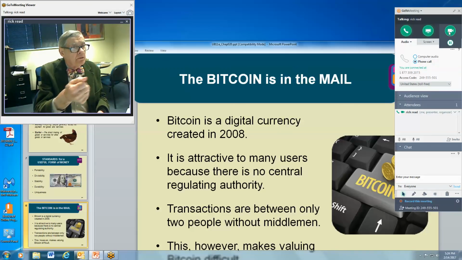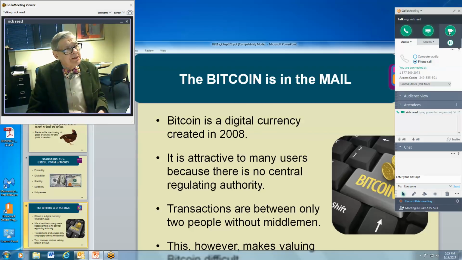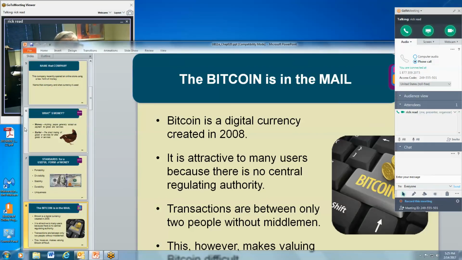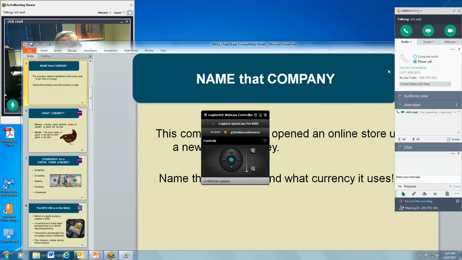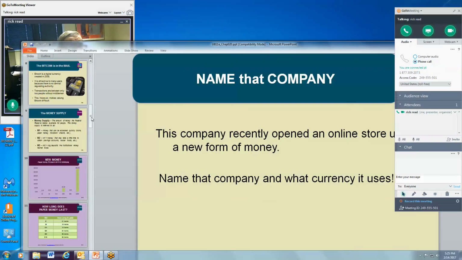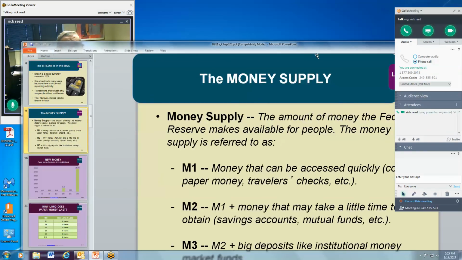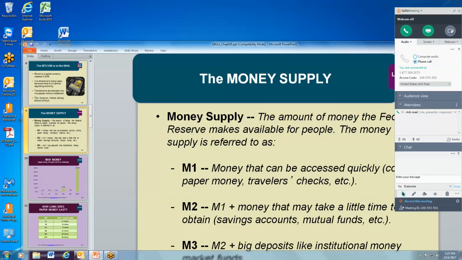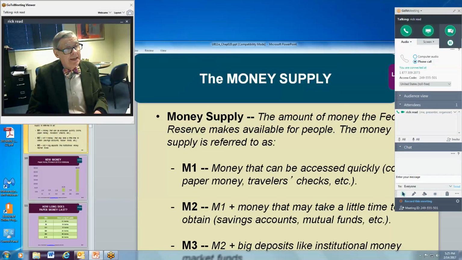So the difficulty, the last thing it says down here on the slide, is that it's very difficult to tell what the value of a Bitcoin is. But I can tell you, without too much fear of contradiction, that we're going to see quote unquote virtual money taking over real money sometime in the future. I would expect before the end of this century, maybe even sooner.